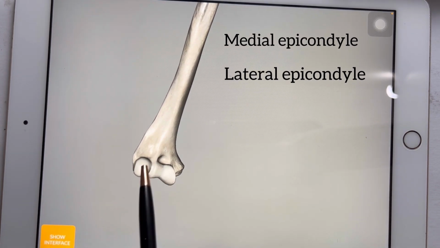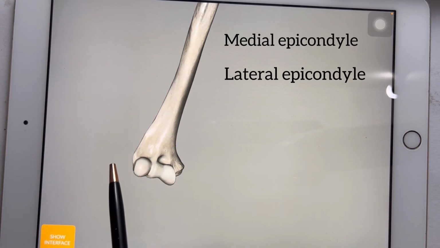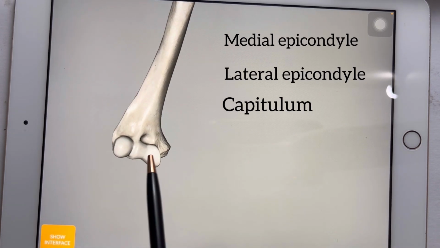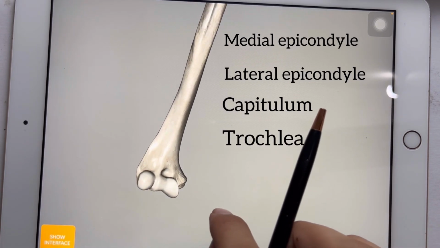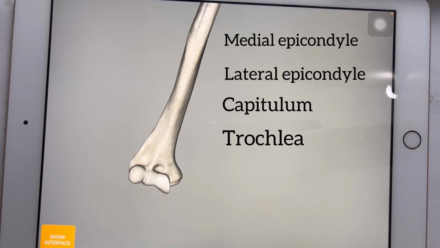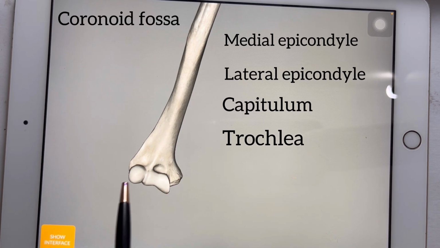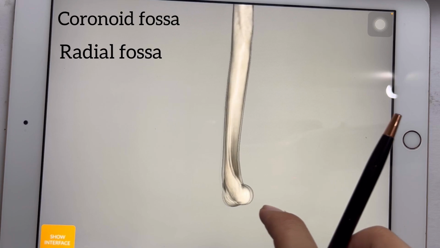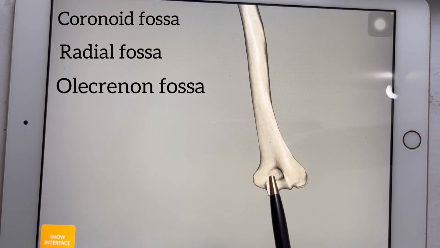This round process laterally is called the capitulum, and this is called the trochlea. At the distal extremities we have three fossas: the coronoid fossa and the radial fossa, while on the posterior side this fossa is called the olecranon fossa.